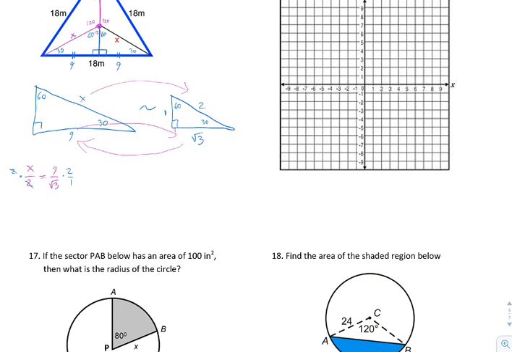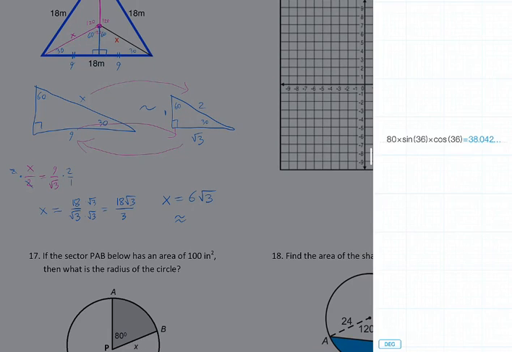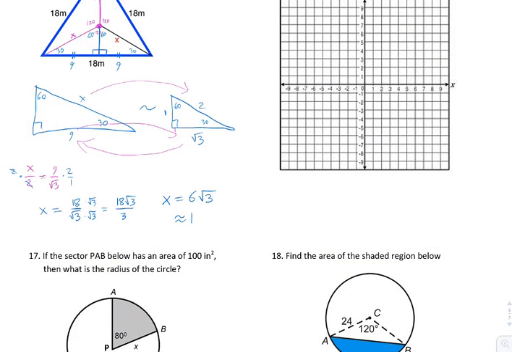So I get that x is equal to 18 over root 3. Now we need to rationalize the denominator, so let's multiply top and bottom by root 3. So that's equal to 18 root 3 over 3, or x is exactly 6 root 3, which approximates to 10.39. Perfect.